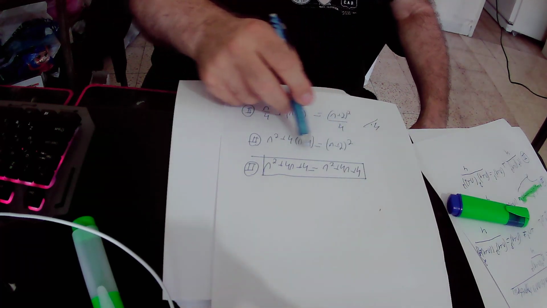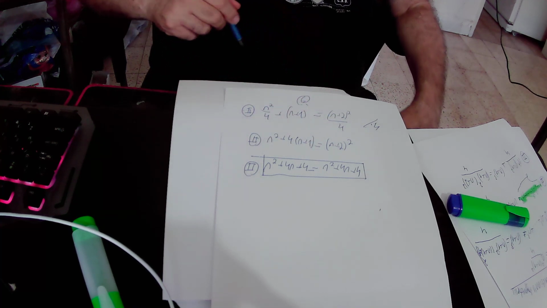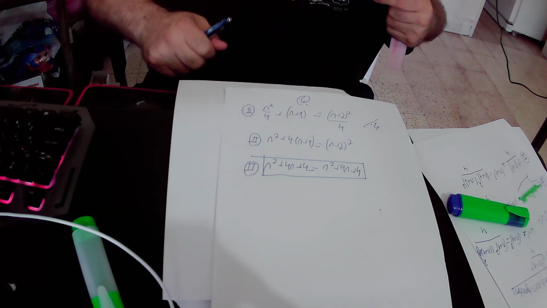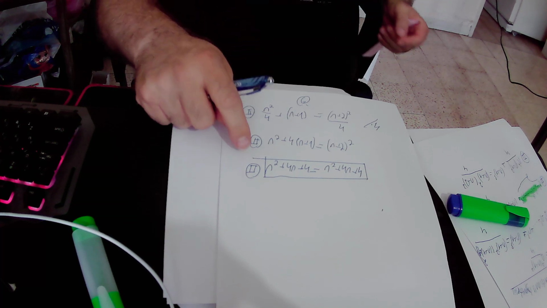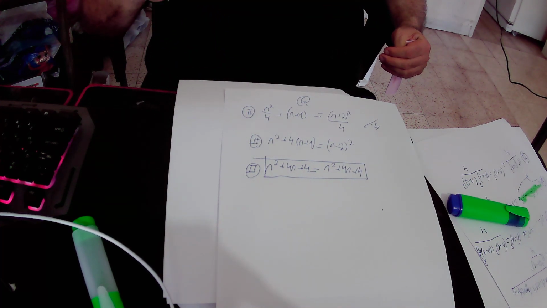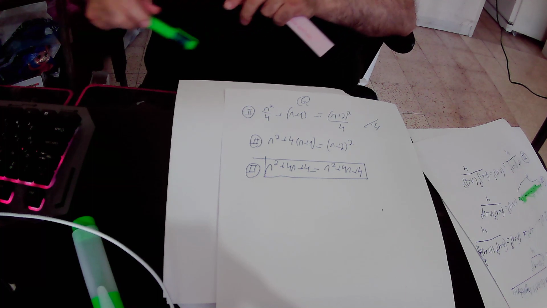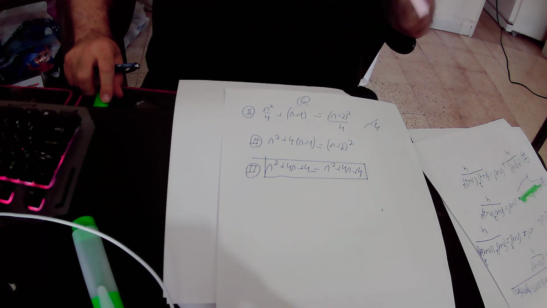So we got here an identity. So in this way we proved that expression 2 is true, or we actually proved that if the statement is true for n, it must be also true for n plus 1.